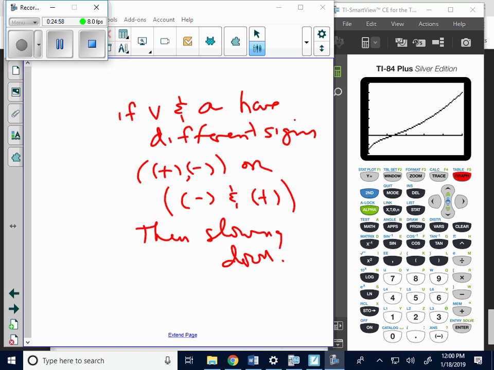Is velocity positive or negative? Direction of motion is negative, right? Is acceleration positive or negative? Everybody says that, and you're all wrong. Acceleration is still negative. Is the particle speeding up or slowing down as I drop it? It's speeding up. You told me the velocity was negative, right? The acceleration has to be negative.